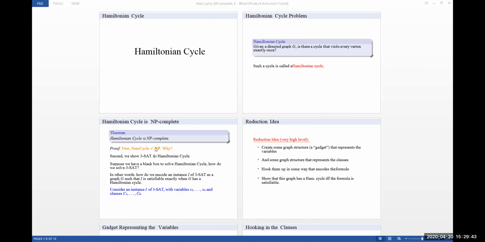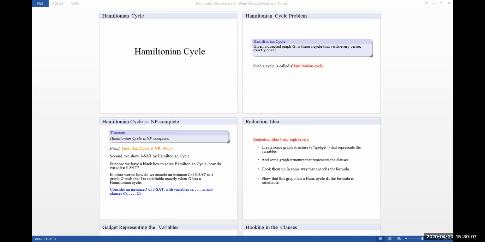First, the Hamiltonian cycle belongs to NP because we know that the time complexity is expressed as exponential. We saw the 3-SAT problem, and the 3-SAT problem that we have seen just now can be reduced to the Hamiltonian cycle. By reducing this, we can solve the problem.